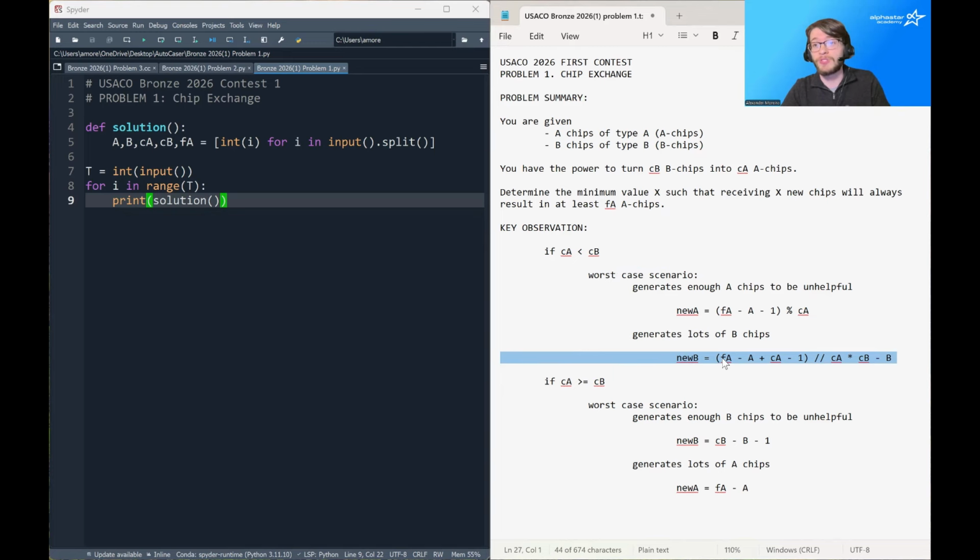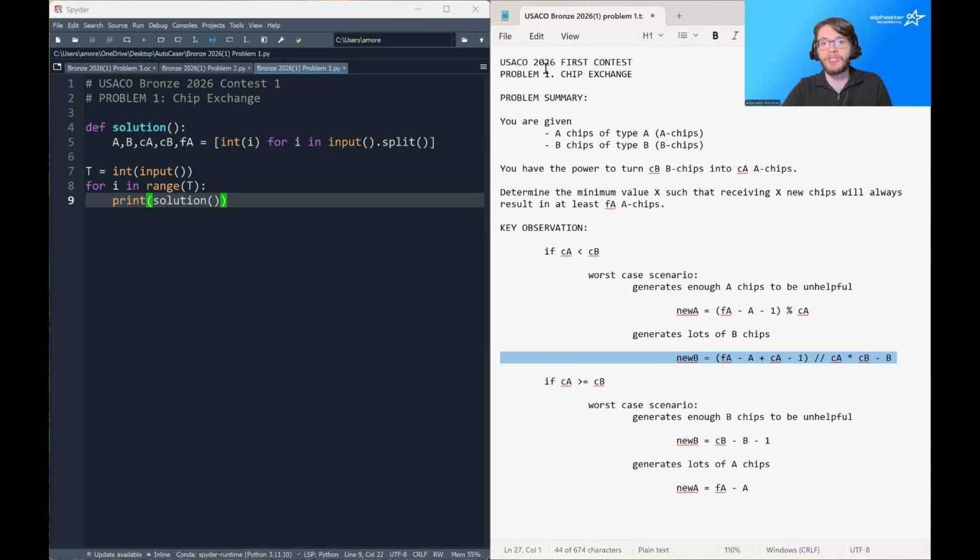You can do a lot of this with simulation and trying different combinations of A chips and B chips. So if these math formulas are not your strong suit, what I'd recommend on the contest is spend very little time on this question, focus on the other two questions, and then come back at the end of the contest to try to get as much credit on this question as possible.